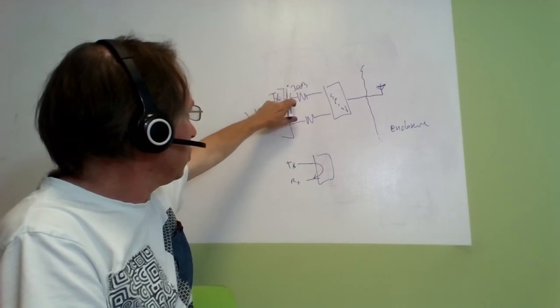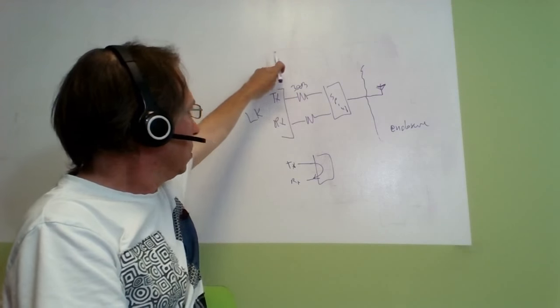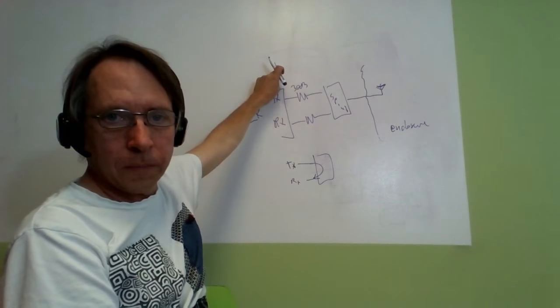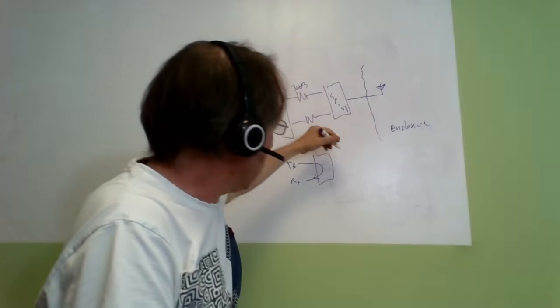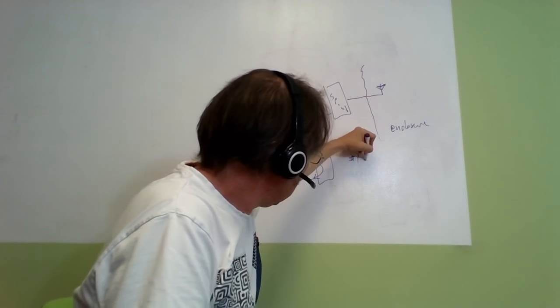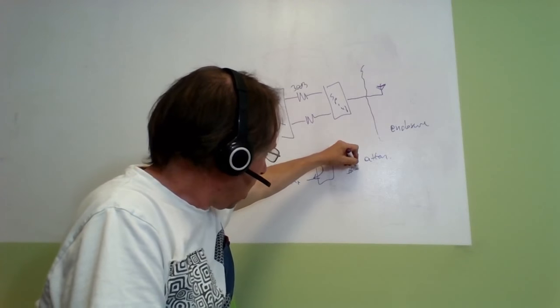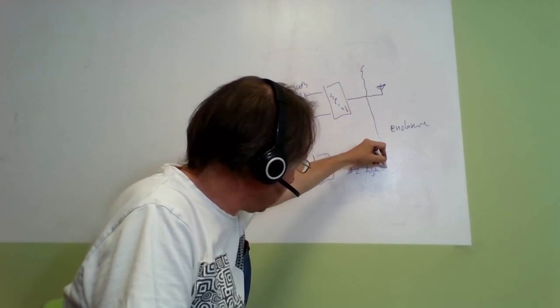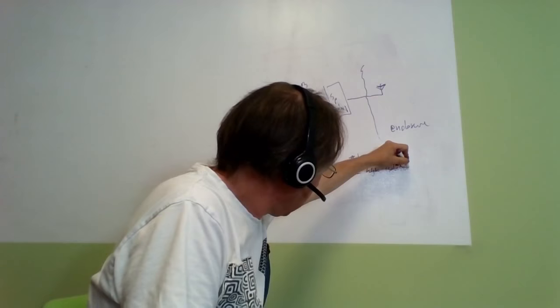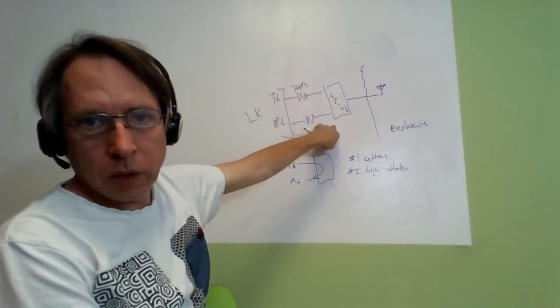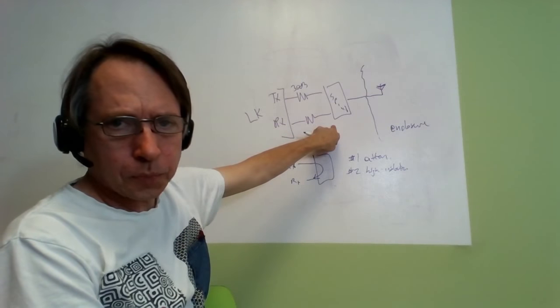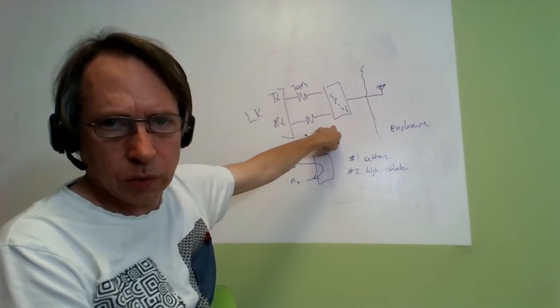One is just to use attenuation on this side of the splitter. That's option one. Just use plenty of attenuation. Option two is to use a high isolation splitter. And by high isolation splitter, we mean at least 20 decibels of isolation, maybe more.